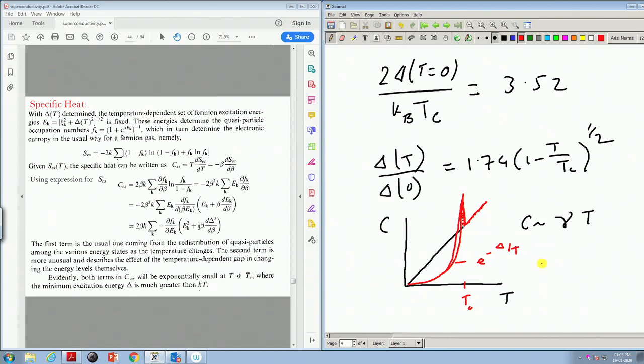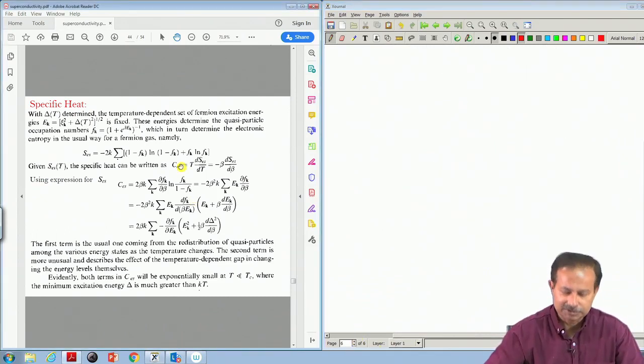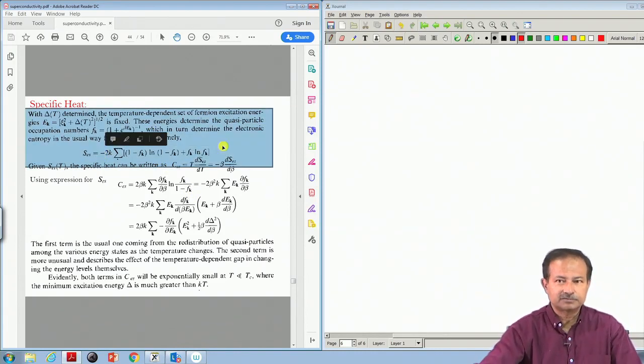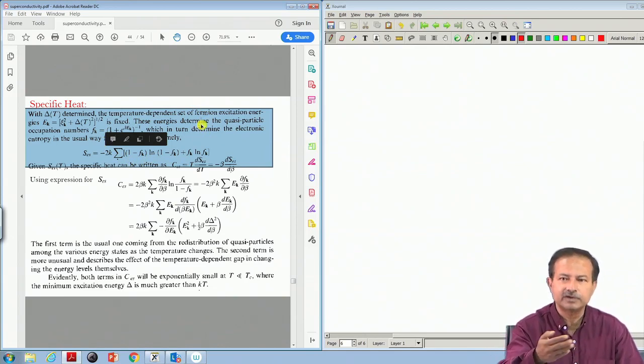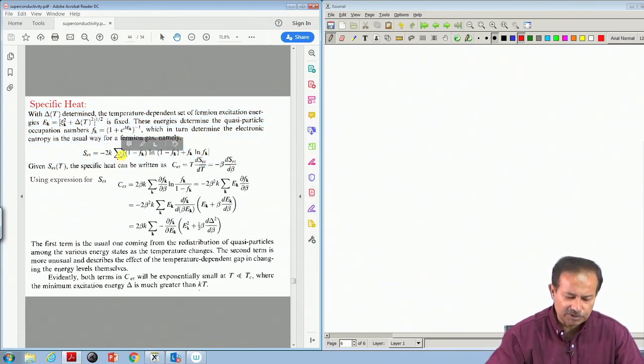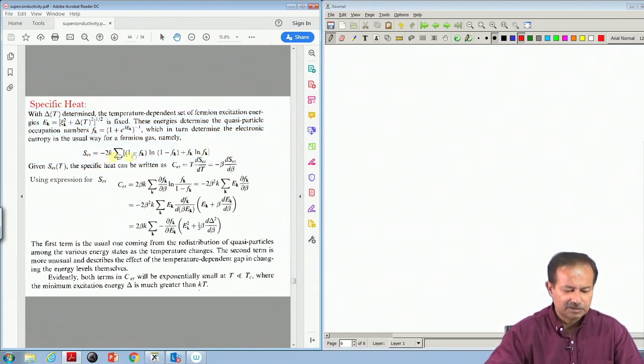So, let us see what happens. This is the standard calculation for any fermionic system. See, the entropy comes from the excitation. So, when you supply thermal energy, you have to excite, and so the entropy has to come from this, and the standard formula for a fermionic system for the entropy is this: 2k sum over k of 1 minus f k log 1 minus f k plus f k log f k.